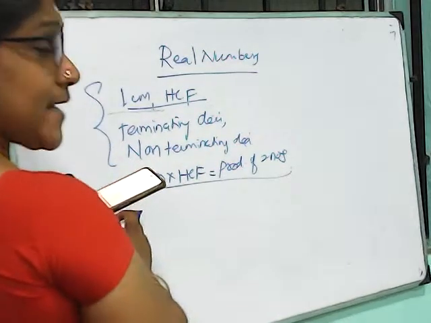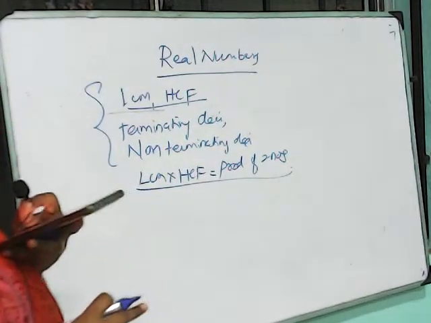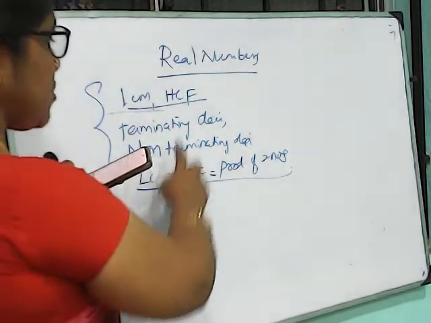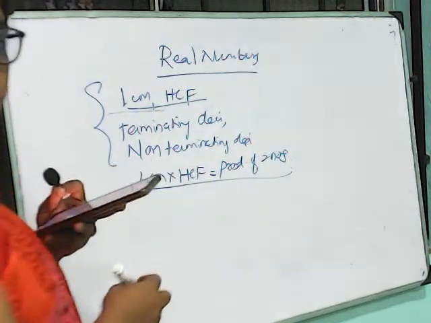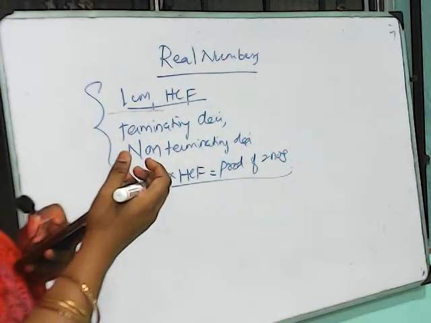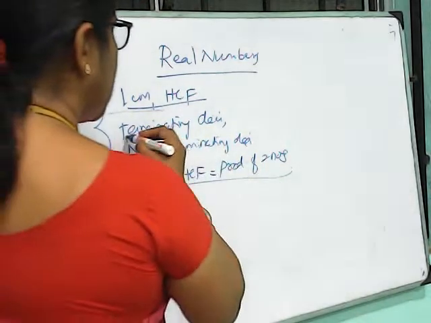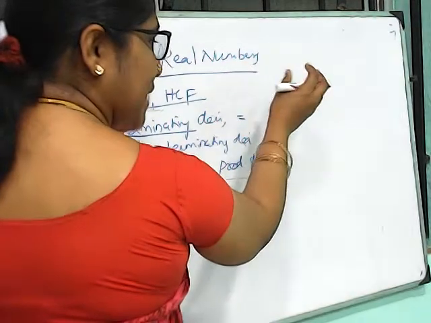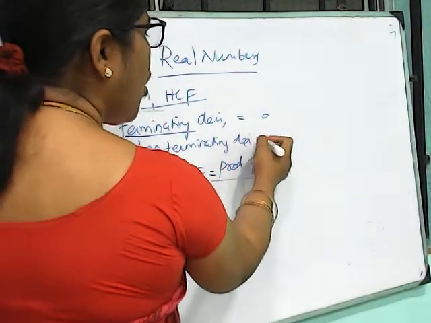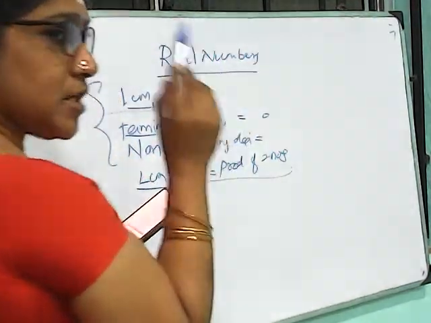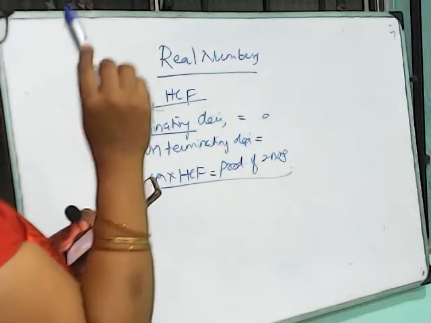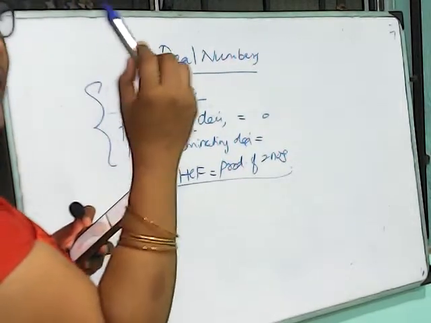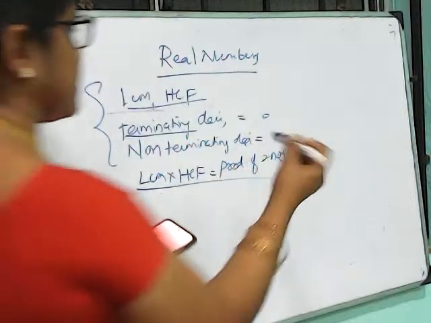So you can expect questions for 2 marks, 3 marks and even 1 mark based on the relationships. And of course terminating and non-terminating, the same thing you can expect. Terminating, the word terminating itself determines you will not have the remainder, it will be 0. In non-terminating, there will be a remainder and your quotient will keep going on repeatedly.